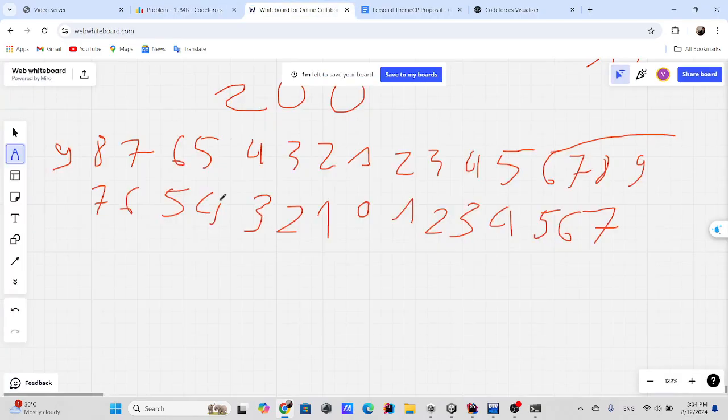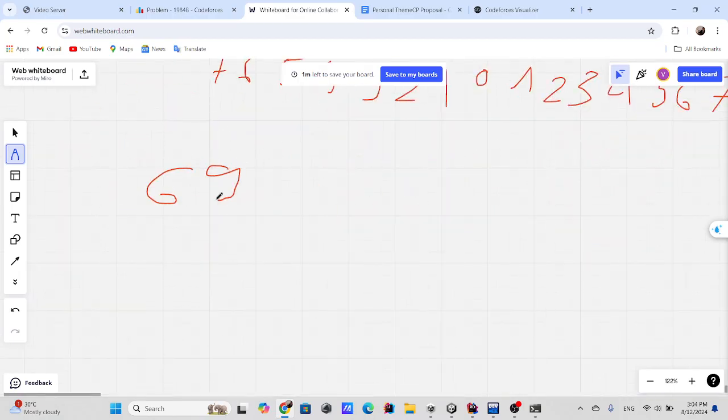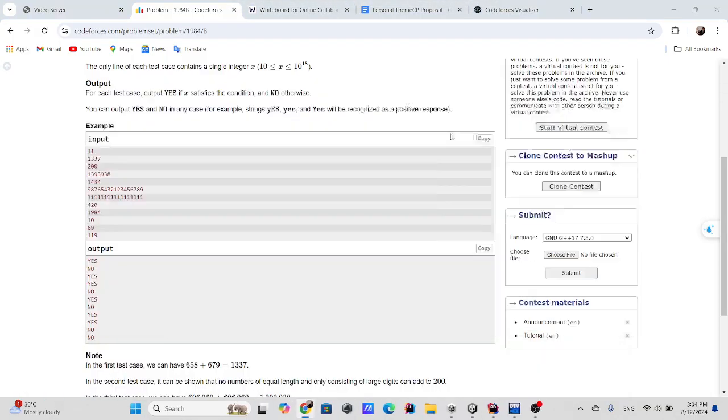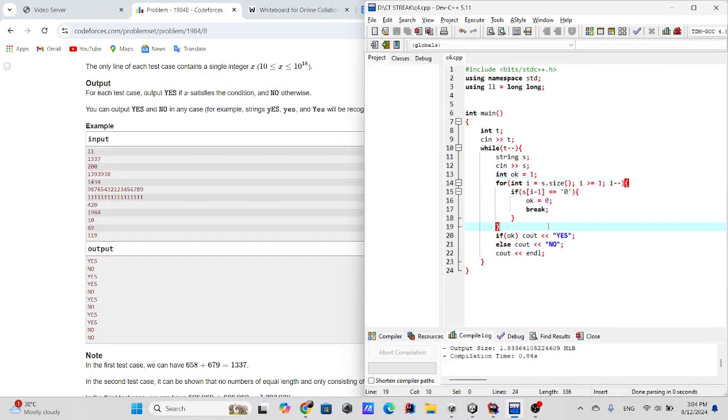Okay, maybe we got it a little bit wrong. 69. Okay, 69. Why? 19 can be split, right? But 50 not. 50 can be split correctly. 15 can be okay. Okay, I know where I'm wrong.